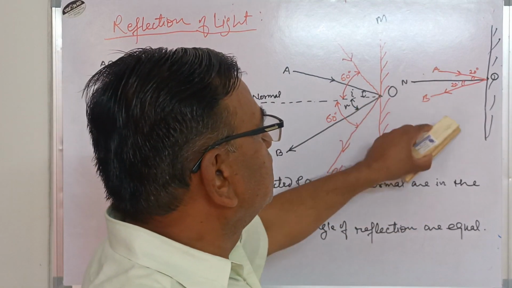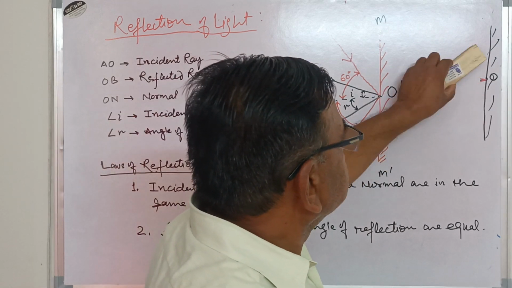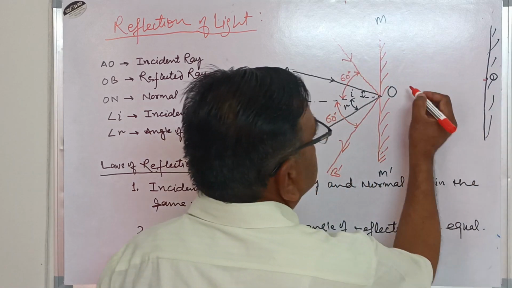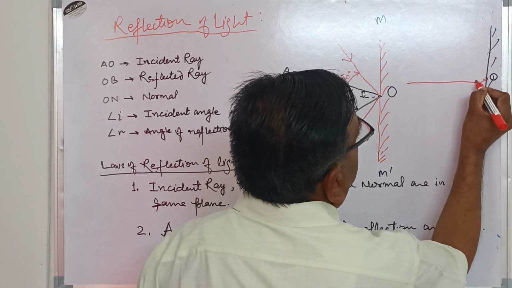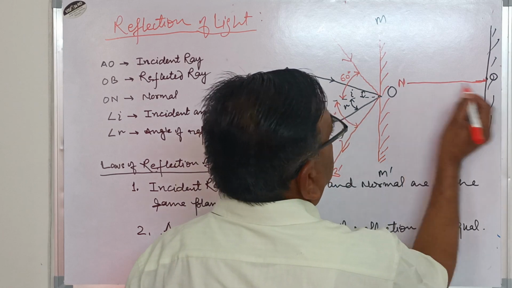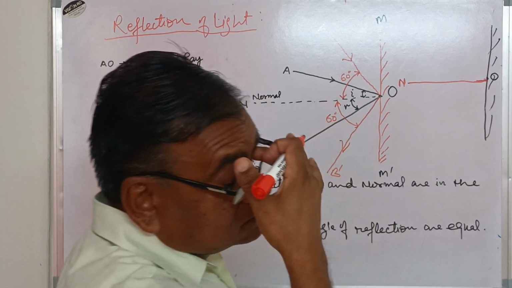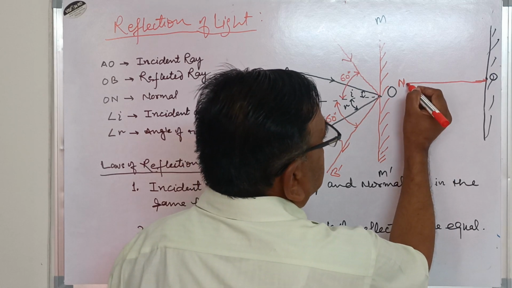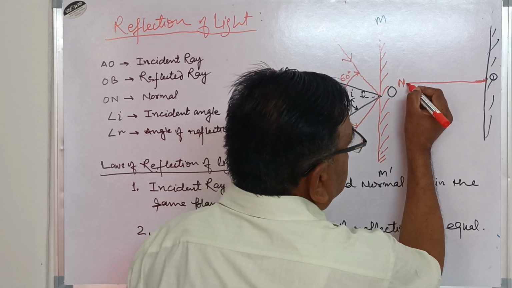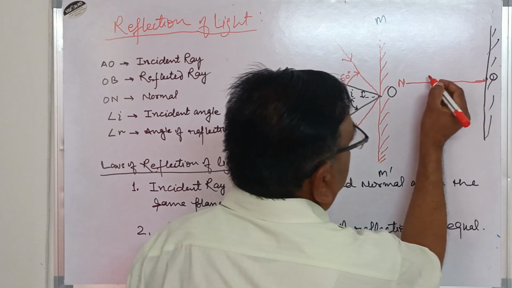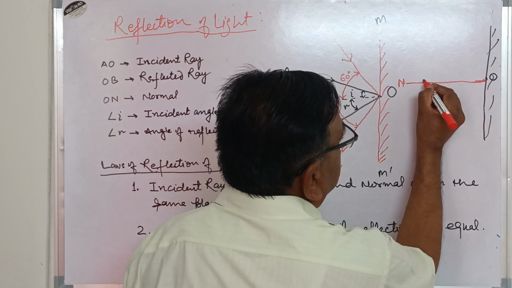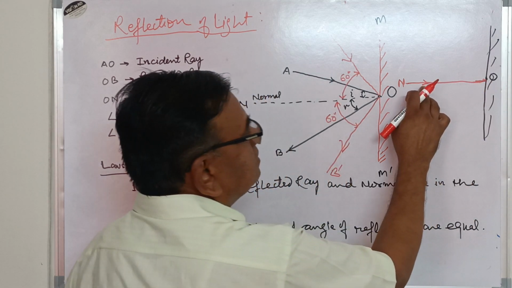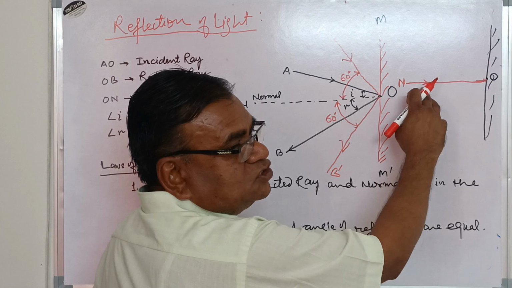You keep reducing this angle. This is your normal. ON is your normal. You keep reducing the angle of incidence. Suppose the ray travels along this line ONO. So when it travels along this line, it means that the angle of incidence is 0.